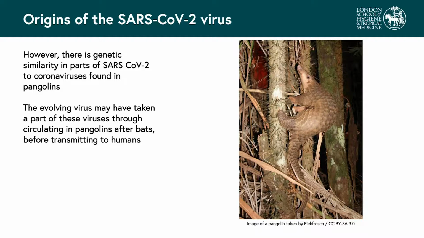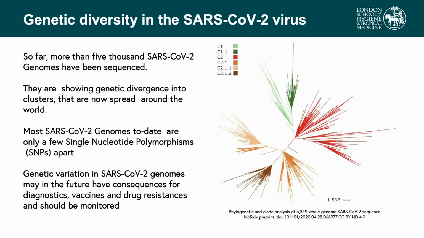However, there's a little bit of evidence that some of the SARS-CoV-2 virus looks like a pangolin coronavirus sequence. And that suggests that potentially the virus passed from the horseshoe bats into the pangolin and then from there into humans. But now the virus is really in humans, and there's a diversity starting to build up.